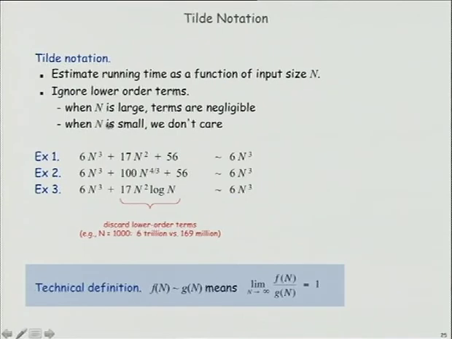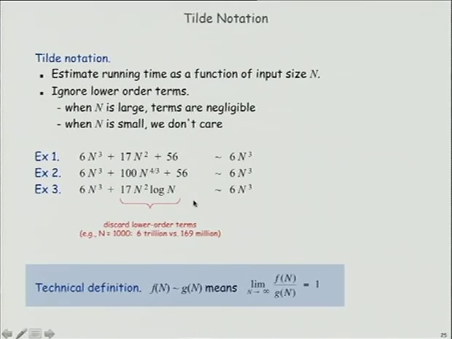And just to see why this is relevant, if n is 1000, then this 6n to the 3 will equal 6 trillion, and this term would equal 169 million. Clearly 169 million is really small in comparison to 6 trillion, and that's why we just throw that away.